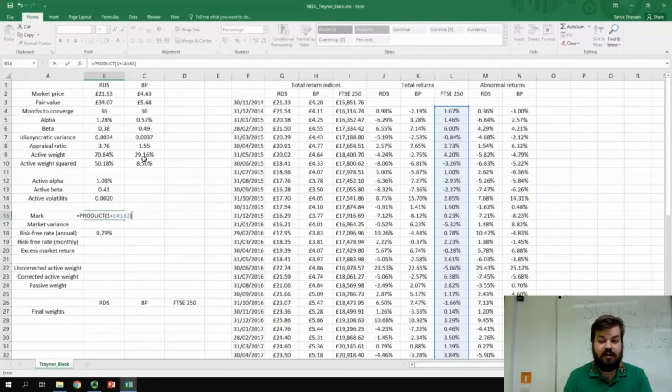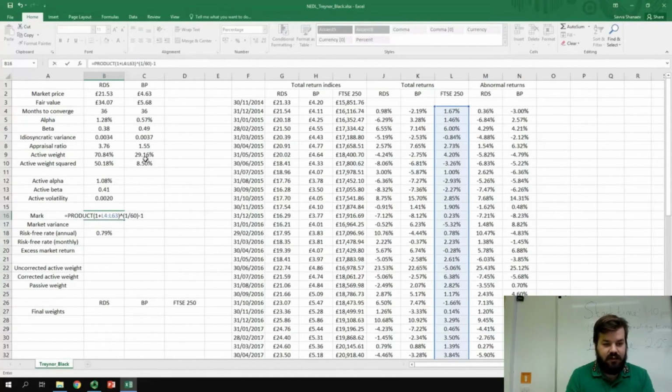That will give us the total rate of appreciation of FTSE 250 over the 60-month, 5-year period. Then, to calculate the geometric mean, the average monthly return of the benchmark, we need to raise that to the power 1 over 60. So this will give us the average monthly rate of appreciation. And to find the average monthly return, we need to subtract 1.